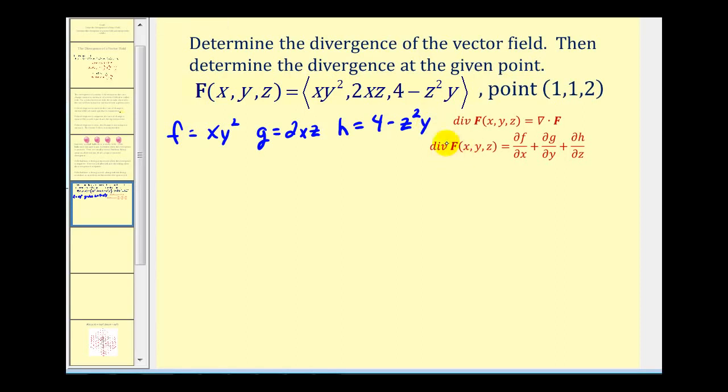So to determine the divergence of f, we're going to determine the partial derivative of f with respect to x, that's going to be y squared, plus the partial derivative of g with respect to y, well x and z would be constant, so that'll be 0, plus the partial derivative of h with respect to z, that's going to give us negative 2zy.